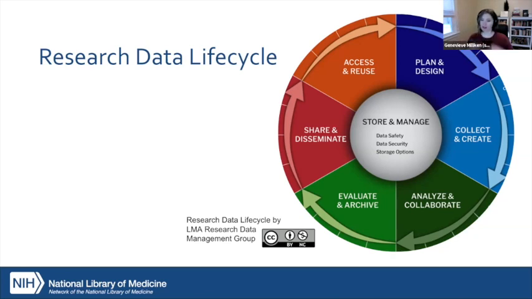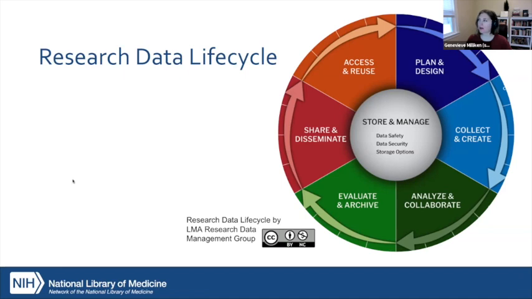It is often represented as a wheel to emphasize the continuous nature of research with one stage or one project leading to the next. And the research data lifecycle includes everything from planning how we will collect our data to things like publication and long-term preservation. So some of the general steps include things like planning and design, data collection and curation, analysis, evaluation, sharing and dissemination, and ideally access to reuse.